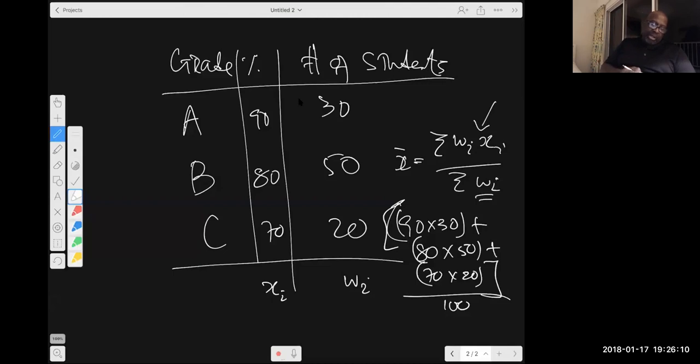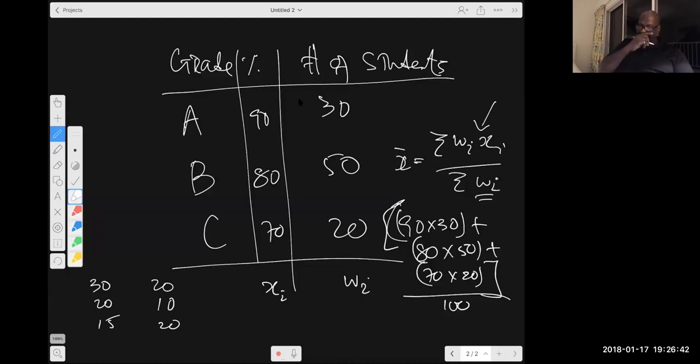That could also apply to salaries, for example. Say we have a number of workers in 3 salary categories. Let's say we have 20 workers making $30 an hour, 10 workers making $20 an hour, and another 20 workers making $15 an hour.